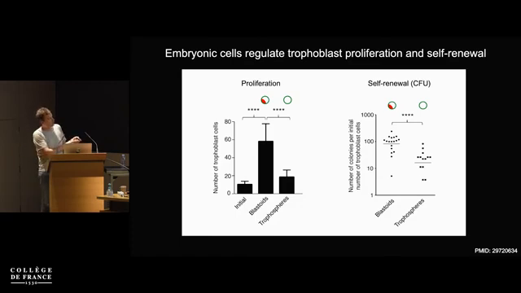And this is what we measure here. This is a logarithmic scale, and you can see that the trophoblasts from blastoids have a much higher propensity to form a colony as compared to the trophoblasts of trophospheres. So this is self-renewal. And when you have self-renewal and proliferation, these are the two cardinal functions of stem cells. So what those red cells, what those epiblast cells are doing is that they are maintaining the stem cells that are going to form the placenta.